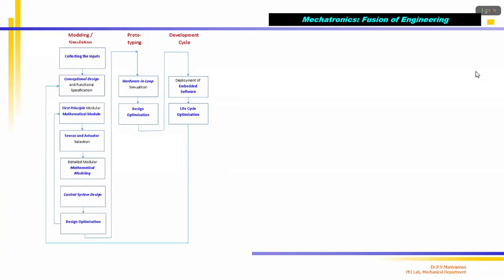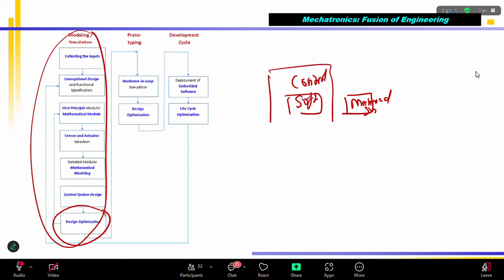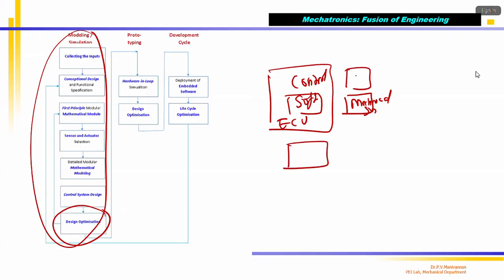So that means when you go from the theoretical model, the optimized design, you are trying to make each and every part. We need the physical system, the mechanical system, then control software, which will be put inside the ECU, electronic hardware, and you have the sensors and you have the actuators, right?